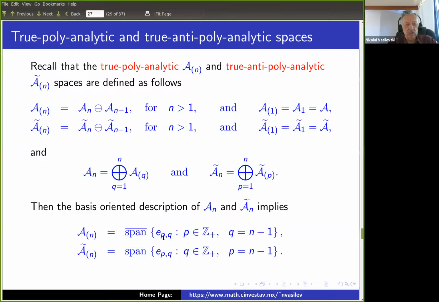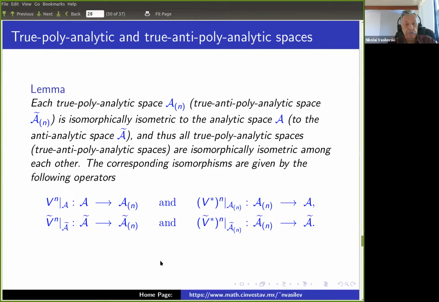Now let us pass to true polyanalytic and true anti-polyanalytic spaces, again in our generic Hilbert space H. We have already defined what true polyanalytic and true anti-polyanalytic mean. The basis-oriented description of true polyanalytic and true anti-polyanalytic functions is as follows. A true polyanalytic space is just the linear span of all basis elements when q is fixed, and a true anti-polyanalytic space is the linear span of basis elements when the parameter p is fixed.